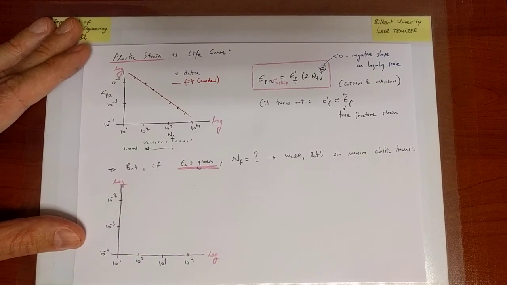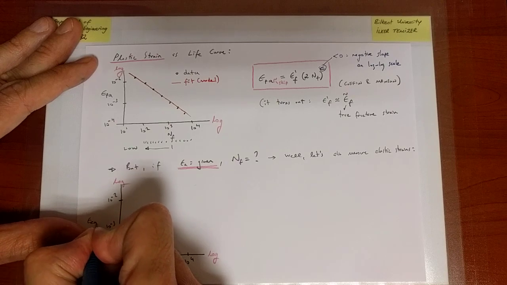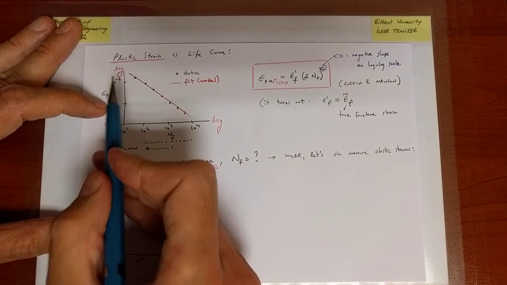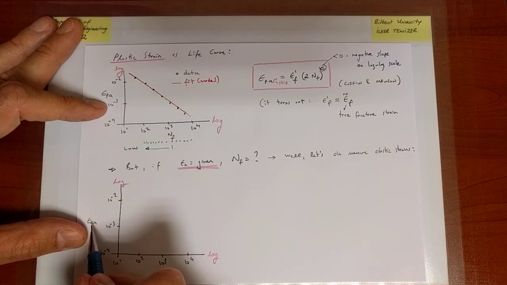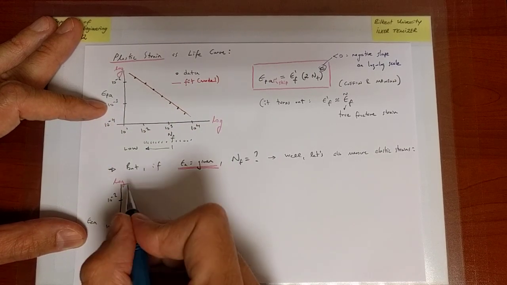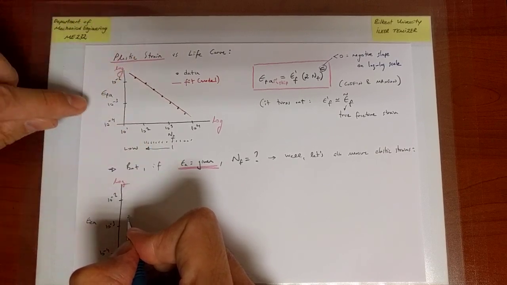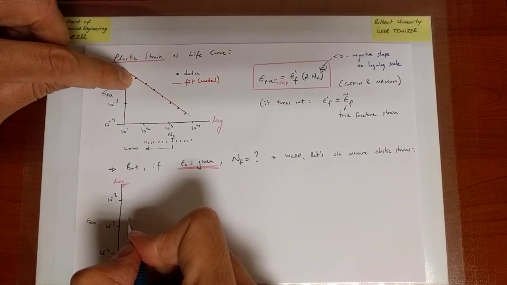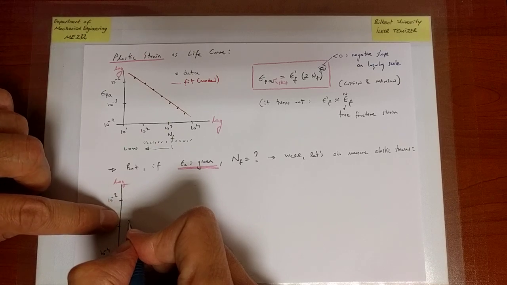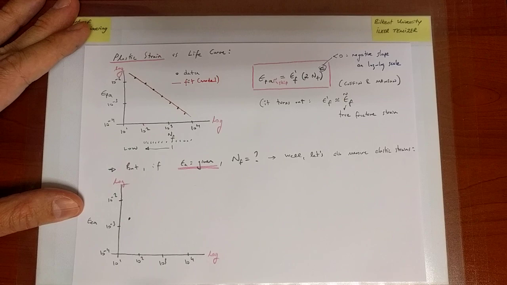Okay, so we do the test with the specimen and we measure the plastic portion of the strain, elastic portion of the strain, amplitude, and then failure occurs at this many cycles, the same number of cycles. And it turns out with that strain amplitude, this is the plastic strain amplitude and this is the elastic strain amplitude.